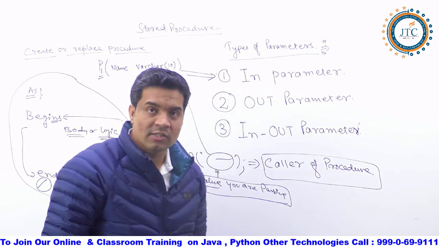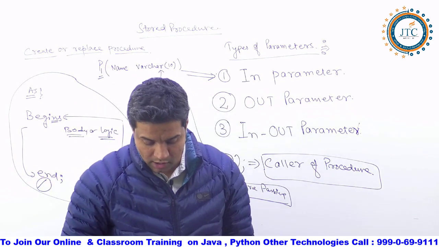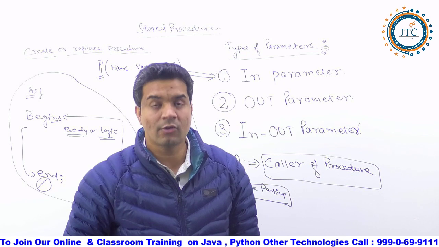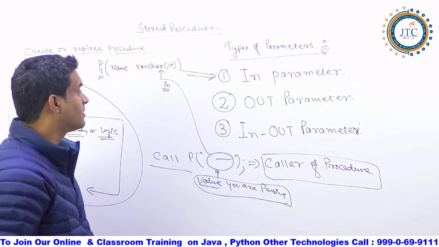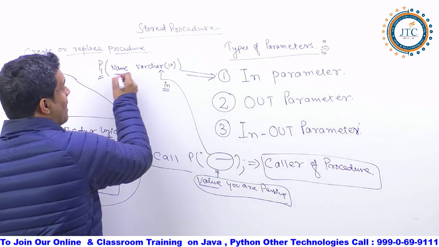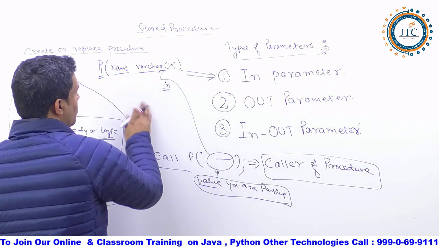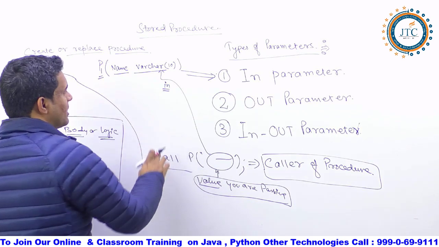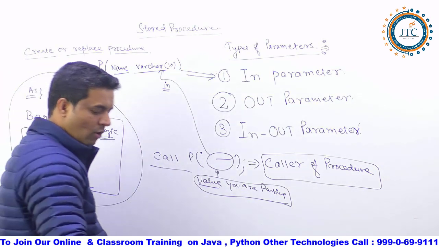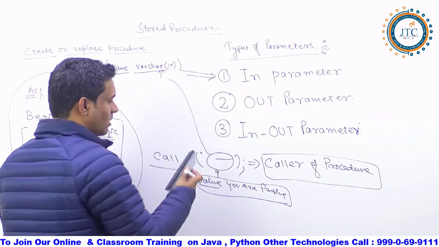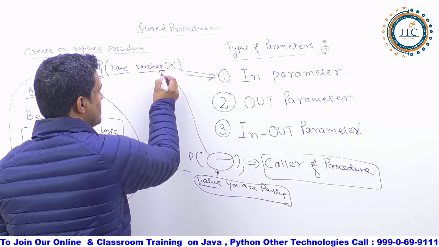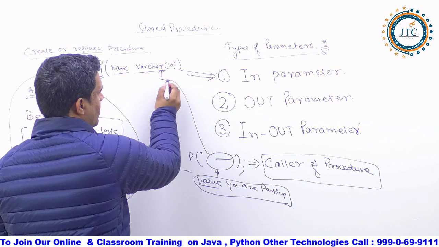If you are calling these procedures, then it will be called and processed. But remember one point: since it is an in parameter, whatever you are writing here is an in parameter in these cases. Getting my point?